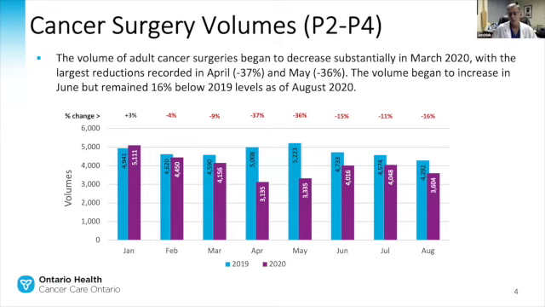And I'll talk a bit more about why that has occurred. It has a lot to do with screening, which shut down completely. It has a lot to do with diagnostic services like CT and MRI scan. And it has a lot to do with patients not seeking medical care with the primary care physicians and specialists.